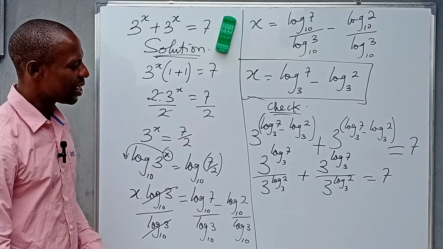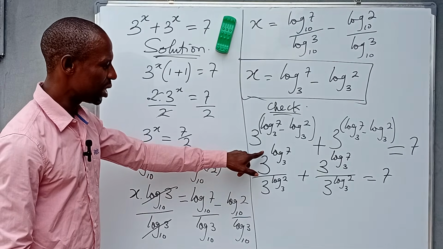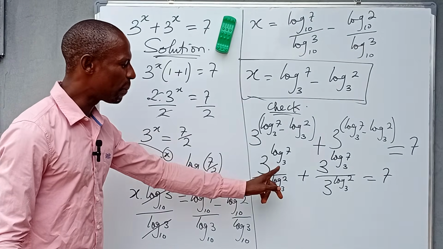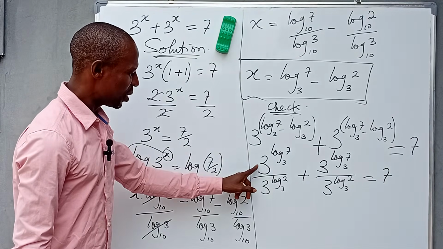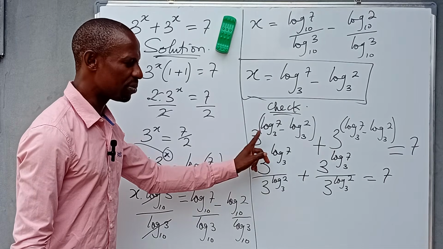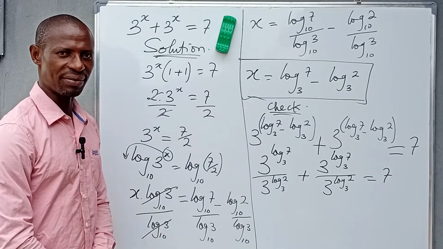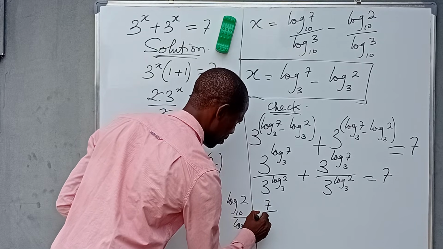Easy. Now look at what we have here: 3 to the power of log base 3 itself. According to the law of logarithms, this leaves us with just 7.